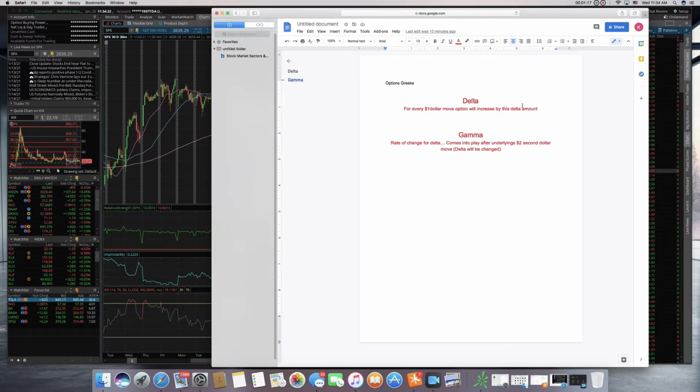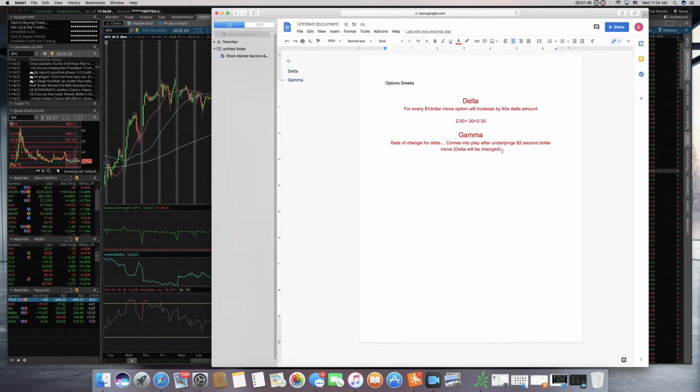And so, for example, let's say you had an option that was $2, and the delta was 30 cents. So after that first dollar move, the option premium would then be $2.30. So that's what that means.